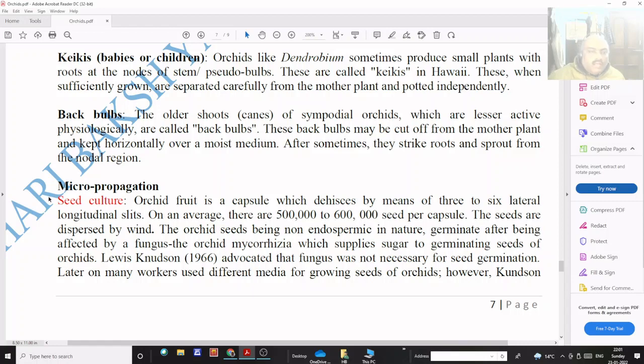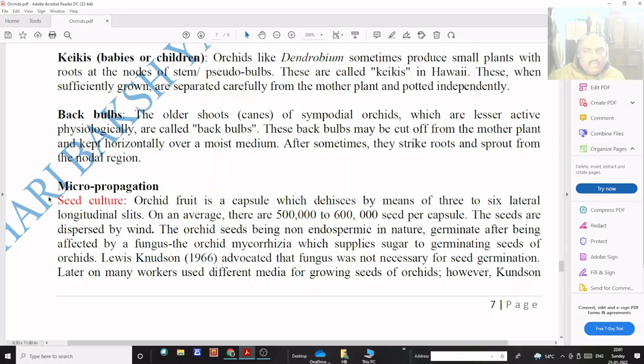But later on, with the advancement of science, Lewis Knudson in 1966 did research and found that the fungus is not required for the germination of orchid seeds.